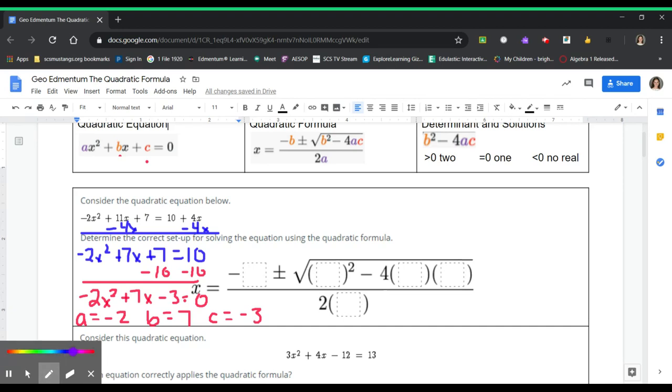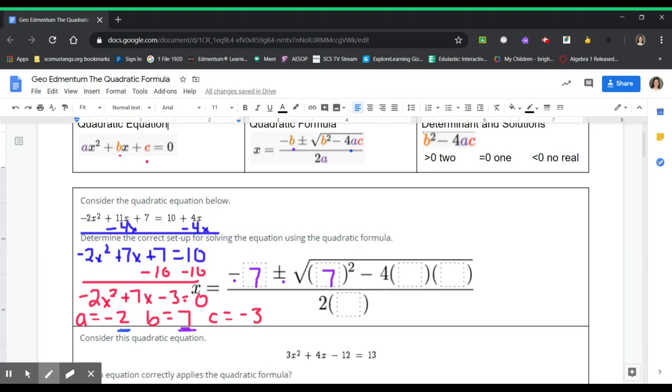So the first thing we have is the opposite of B. Our B value is 7. So notice they've already got the opposite in there for us. So we've got the opposite of 7 plus or minus the square root of B squared. So we've got 7 squared minus 4 times our A value.